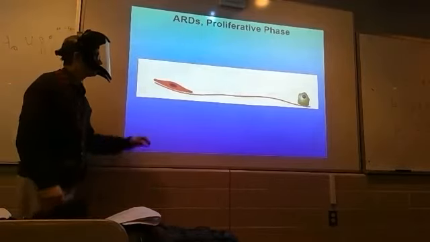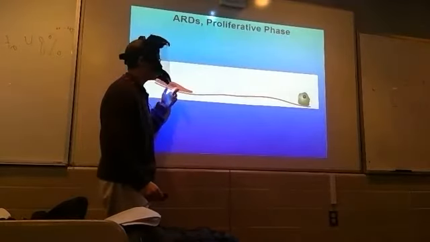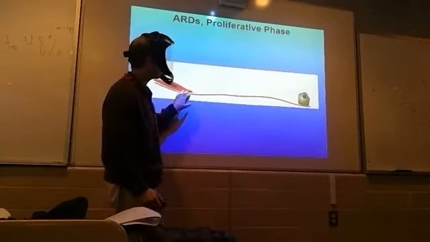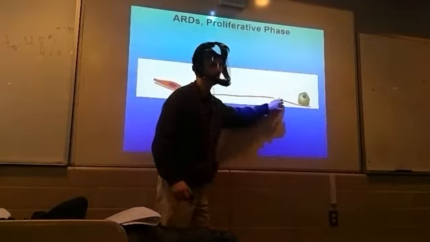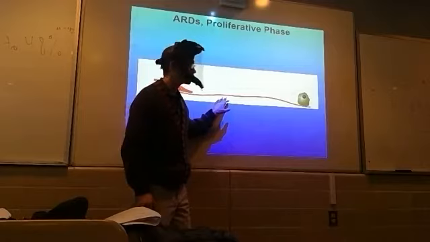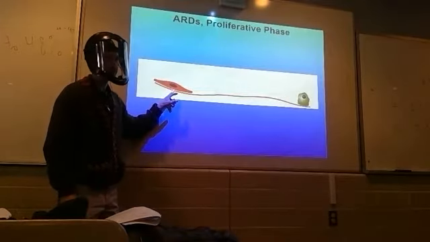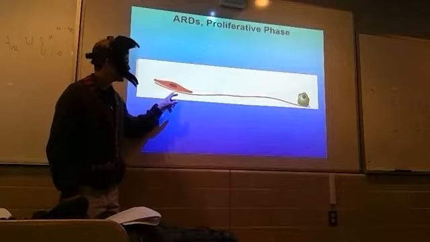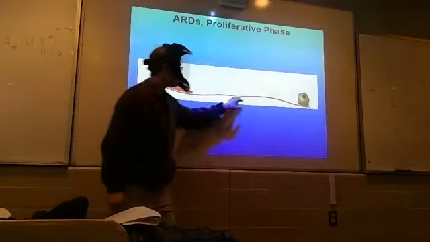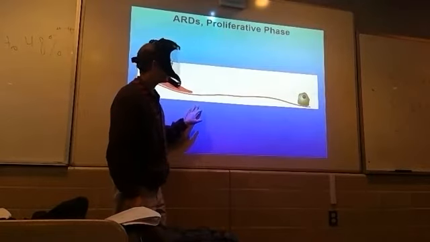Now, the logical thing for the body to do would be to regenerate this type of epithelium by causing these type 1 pneumocytes to proliferate and repopulate the entire wall of the alveolus. That would be the logical thing to do. Unfortunately, these type 1 pneumocytes don't have much proliferative capacity. So instead of leaving this area just bare, we've got to invest it with some sort of barrier, some sort of epithelium.